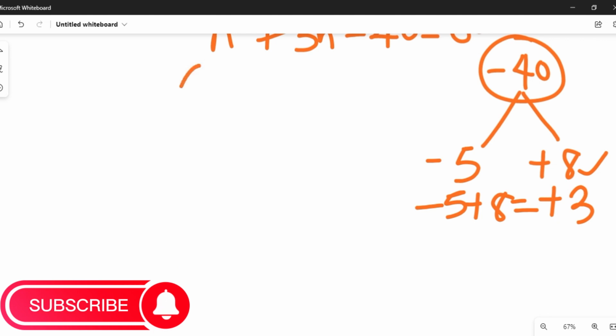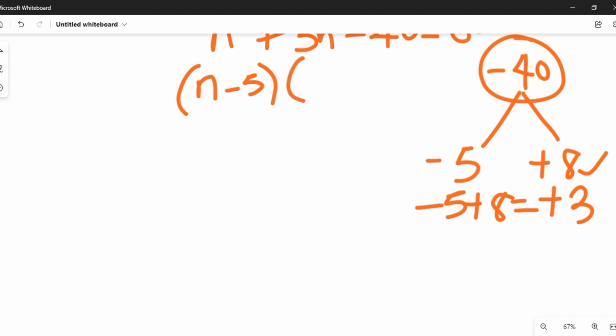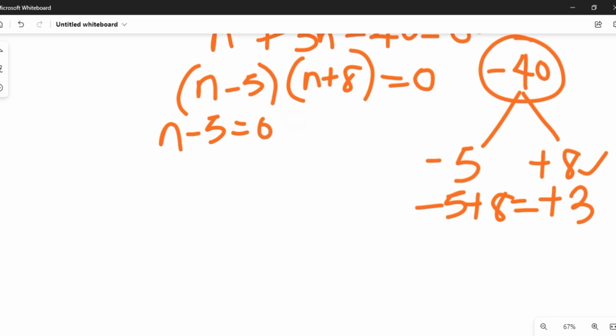So having those two values, we'll have n minus 5 and n plus 8 as factors of that quadratic equation. Both will be equal to 0. So we'll have n minus 5 equal to 0 and n plus 8 equal to 0.